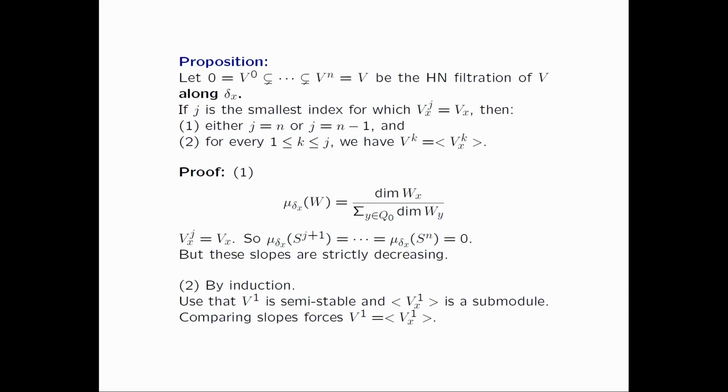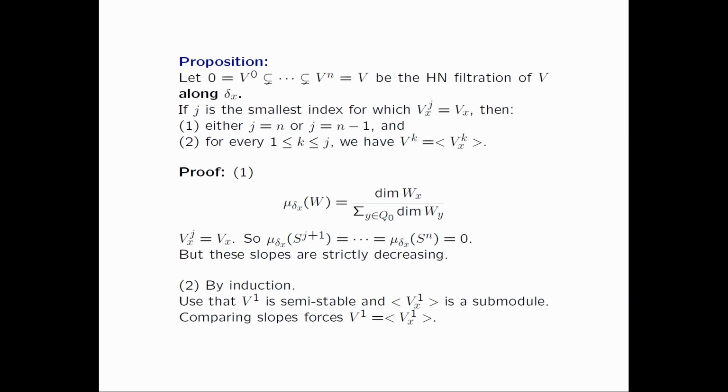And for the second one, well, if you start with V1, by definition, or by the theorem, it is semi-stable. Now we can compare it with the submodule just generated by what's at x.